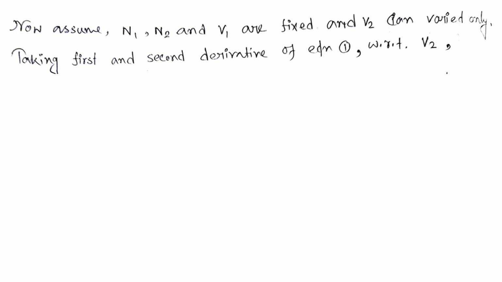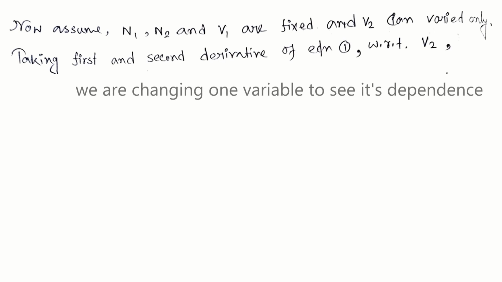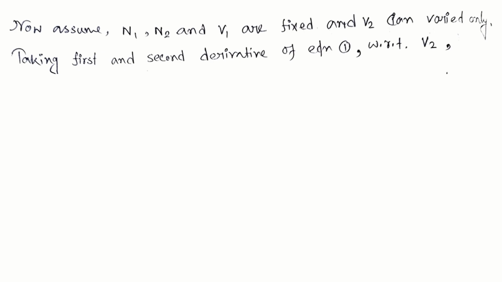Now assume N1, N2 and V1 are fixed and V2 can vary. Actually we have to vary some quantities to see the first derivative and second derivative, and from that we have to assess whether the result is a maximum or minimum. So here I am varying V2.